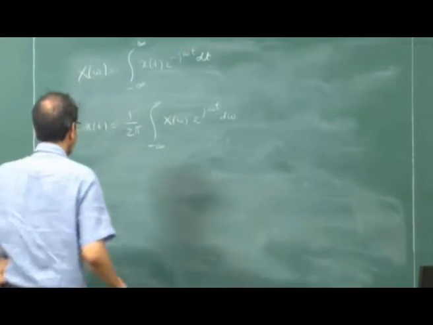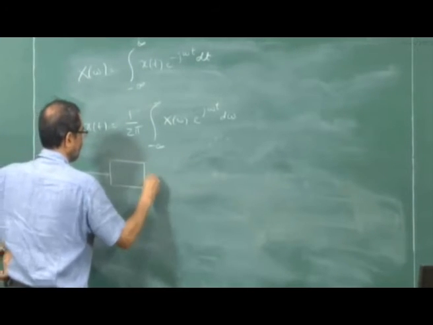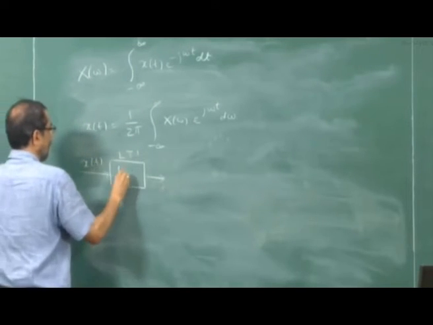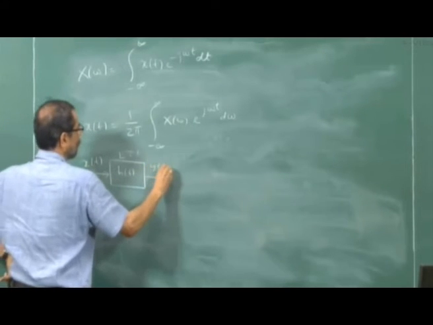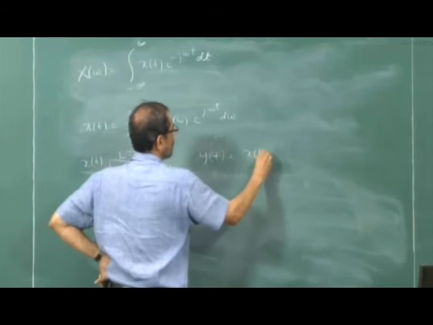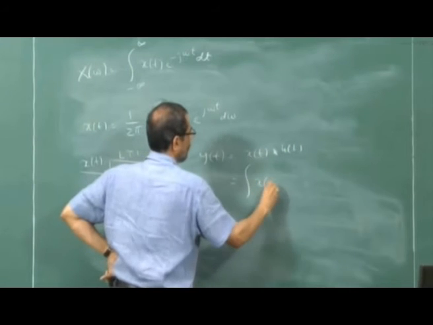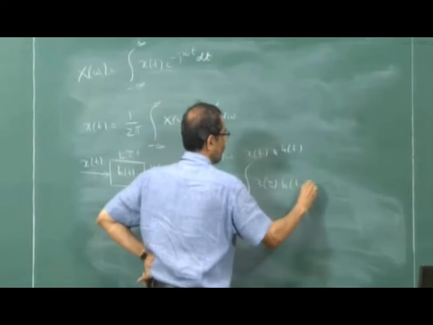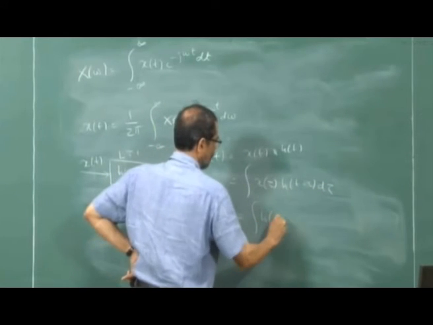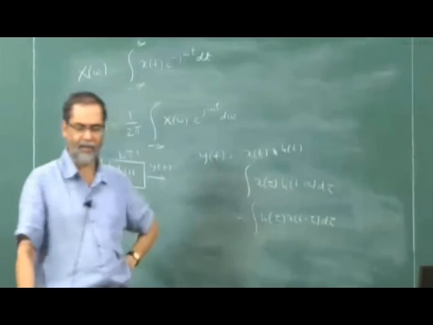What it says here is, if you have an LTI system with input x of t and impulse response h of t, output y of t, then y of t is given by x convolved with h of t, or the integral of x of tau h of t minus tau d tau, or h of tau x of t minus tau d tau. So these are the various forms of writing the same convolution, right?